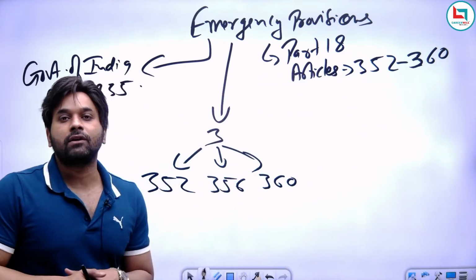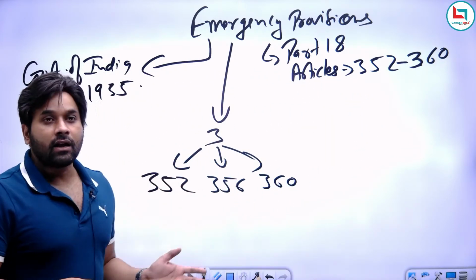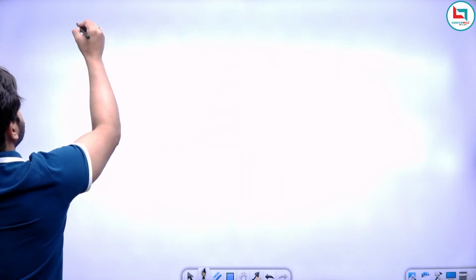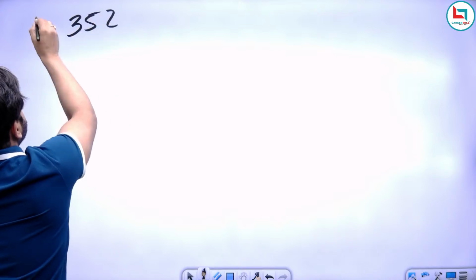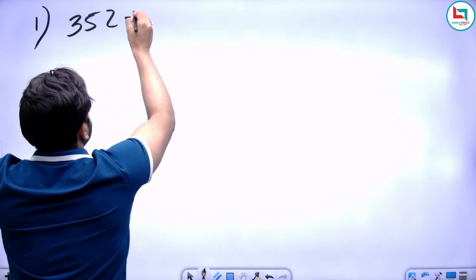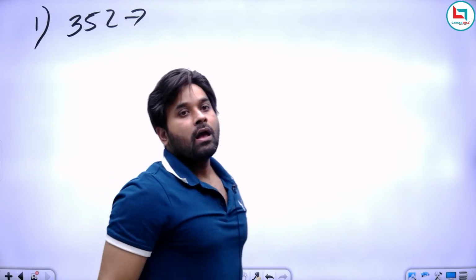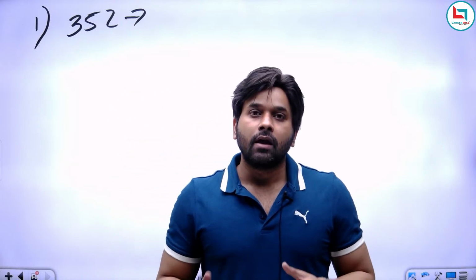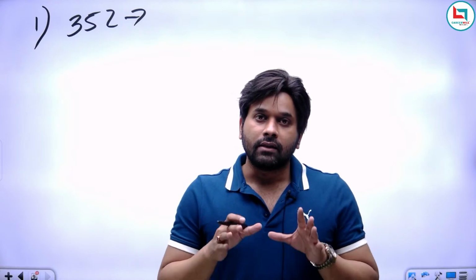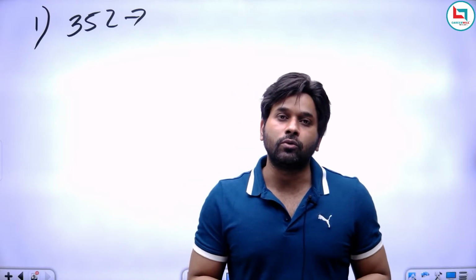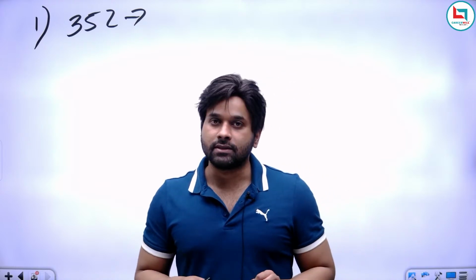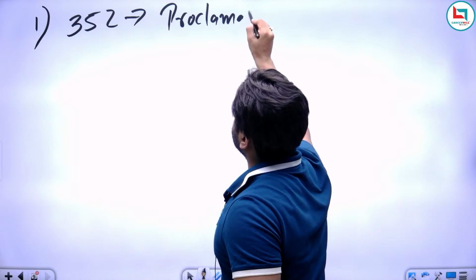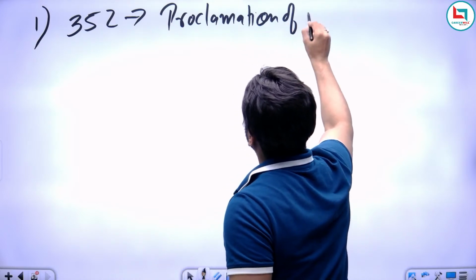So first we will start with Article 352, that is national emergency. What is the name of Article 352? Remember, Article 352 is popularly known as national emergency, but according to the Constitution, the actual name of Article 352 is proclamation of emergency.